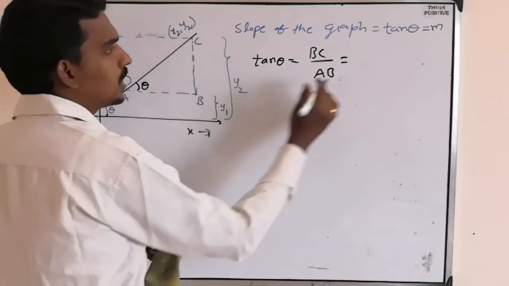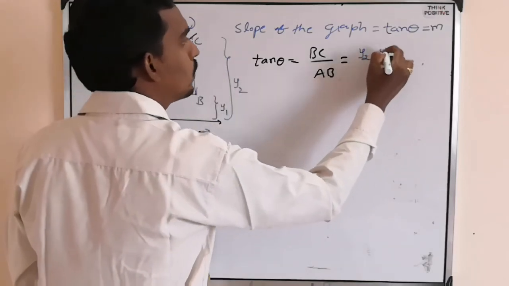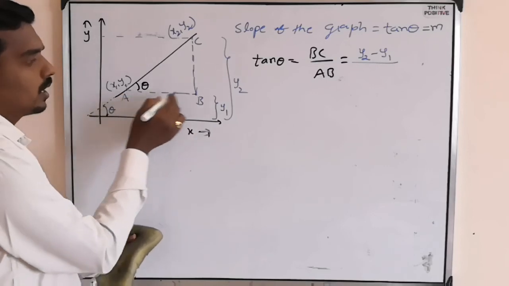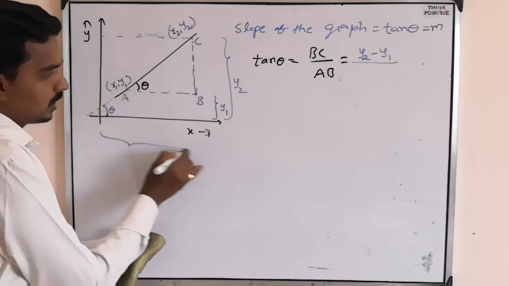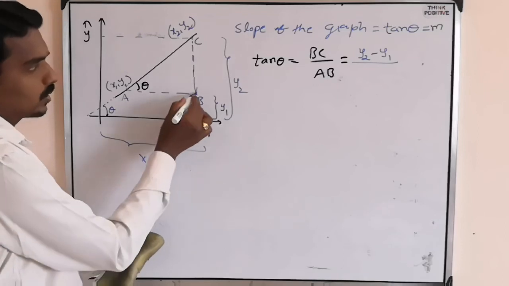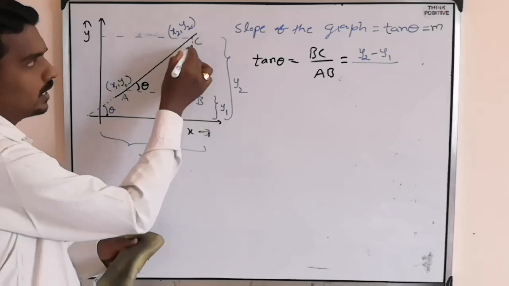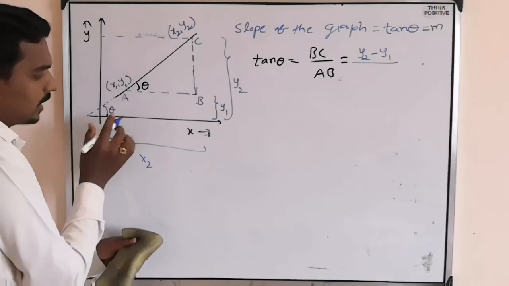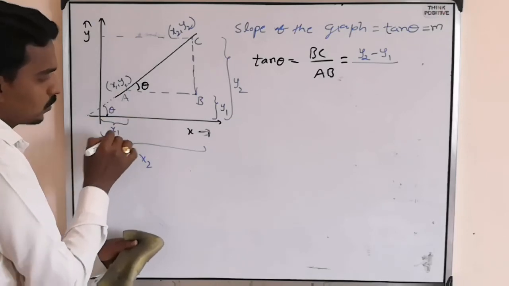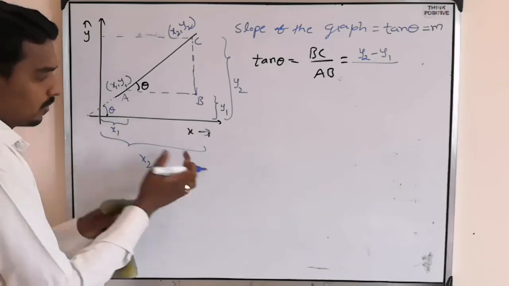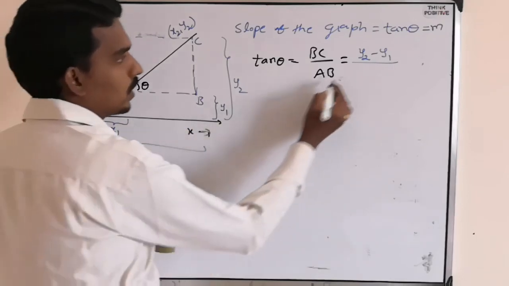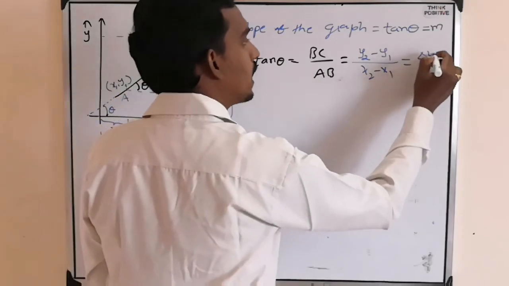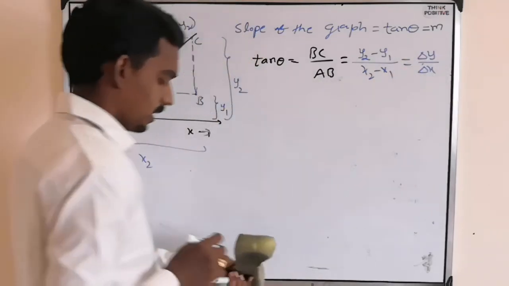So BC will become y2 minus y1. And what is AB? Here the point is x2, so this length is x2. Here the point is x1, so this length is x1. So AB will become x2 minus x1. Nothing but delta y by delta x.